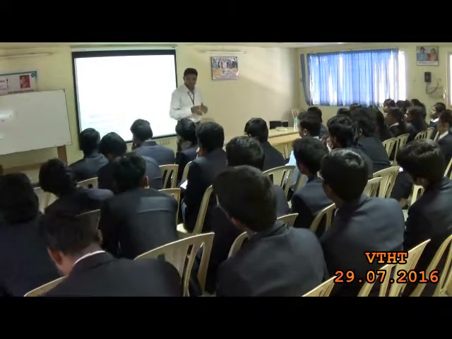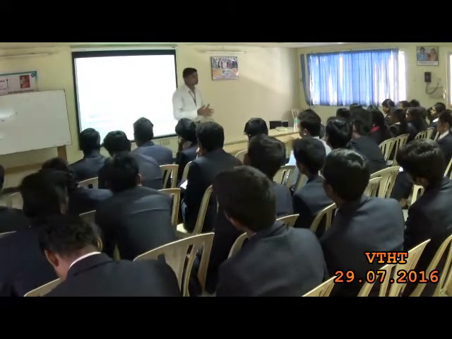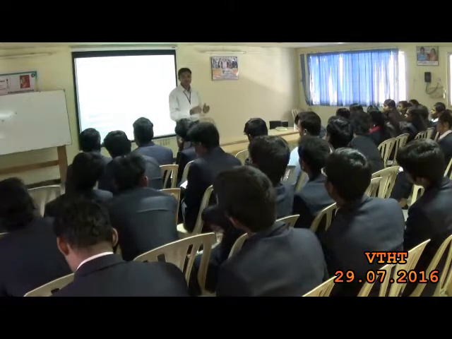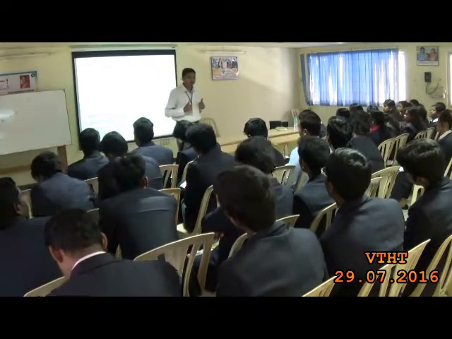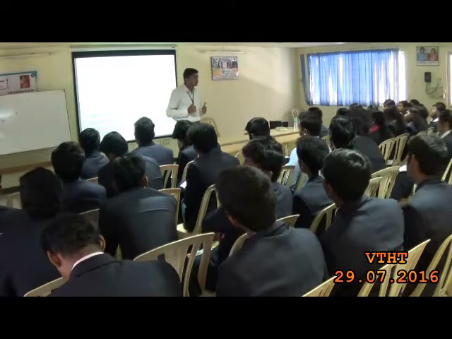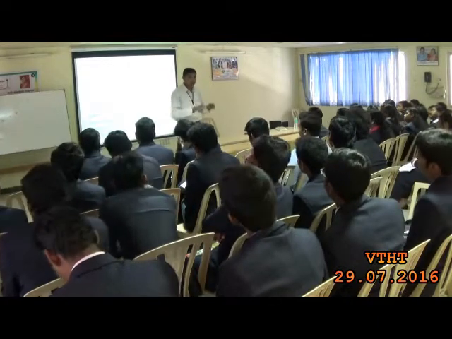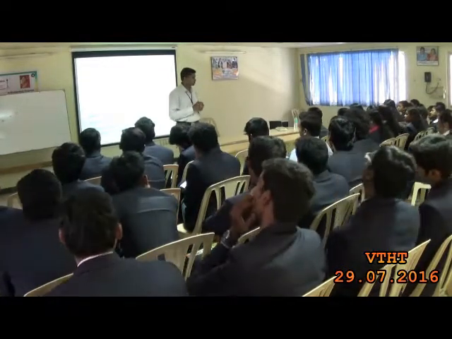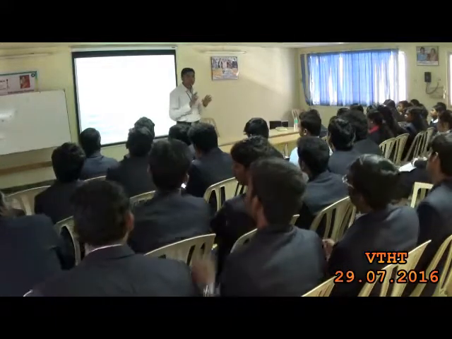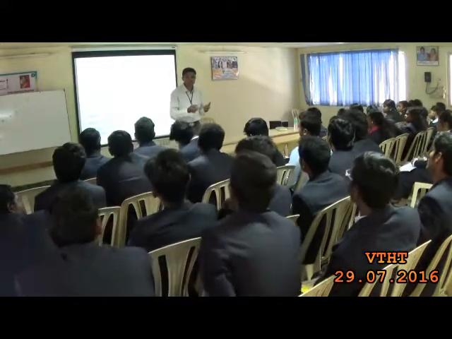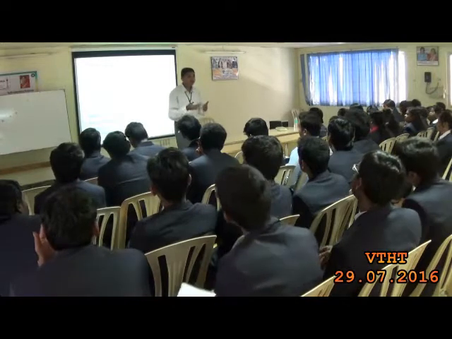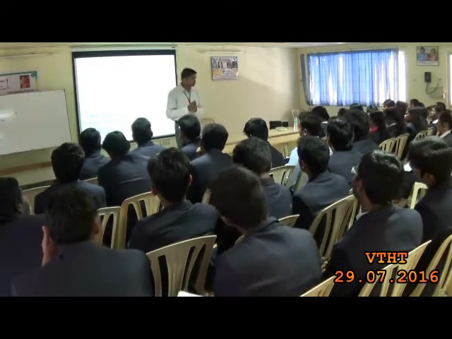If I want to transmit the data and sense the channel is free, don't send immediately. You wait for a random amount of time. Again you sense that the channel is free, then you transmit. Suppose the channel is not free, that means what? It is a highly used channel, so you wait with exponential backoff.